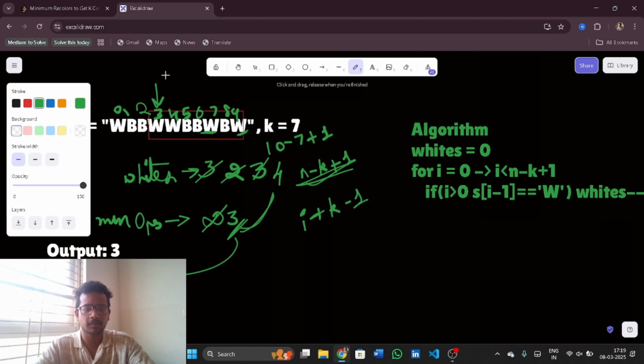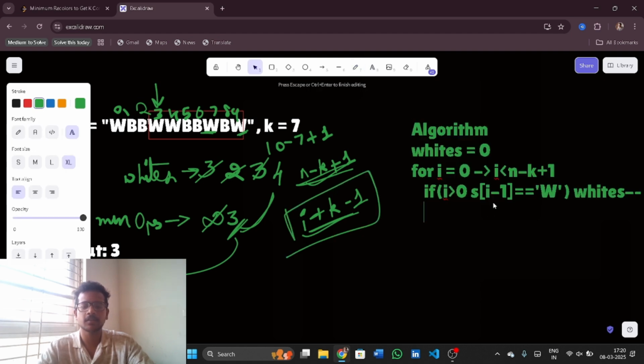Here n minus k plus 1 is 10 minus 7, 3 plus 1, that is 4. So i can go till less than 4, and the element which I need to check for white is i plus k minus 1. Let me write that condition: if s of i plus k minus 1 is equal to white, then my whites count will be incremented.